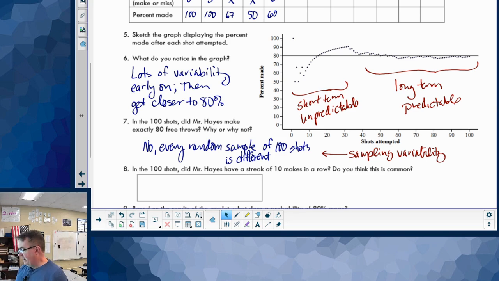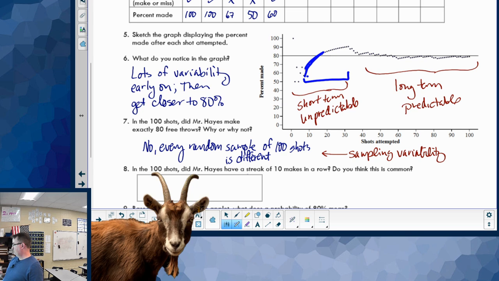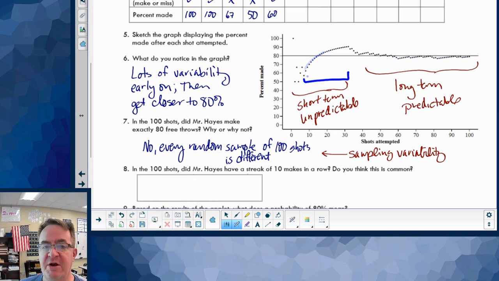Now, in the 100 shots, did Mr. Hayes have a streak of 10 or more in a row? I had a bunch of them, actually. Start looking right here. 1, 2, 3, 4, 5, 6, 7, 8, 9, 10. And then that just keeps going. In fact, I shot from here to here. I had a streak of about 25 in a row that I made. Mr. Hayes, you're an 80% free throw shooter?